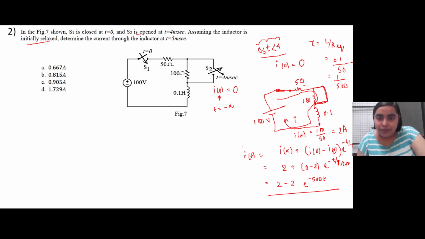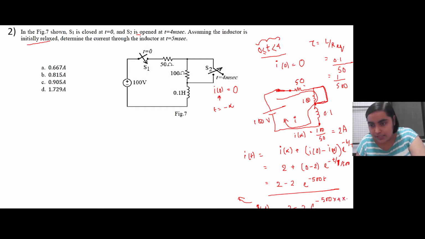Now whatever the final state at t equal to 4 millisecond will be, this will actually be the starting current when the switching happens at t equal to 4 millisecond. So let us calculate what the current is through the inductor at time t equal to 4 millisecond. So it is 2 minus 2 e to the power minus 500 into 4. Since it is millisecond and t is in seconds, we have to write 10 to the power minus 3.